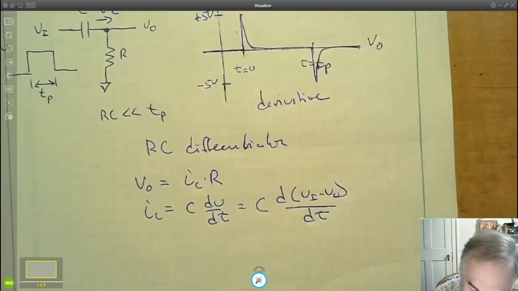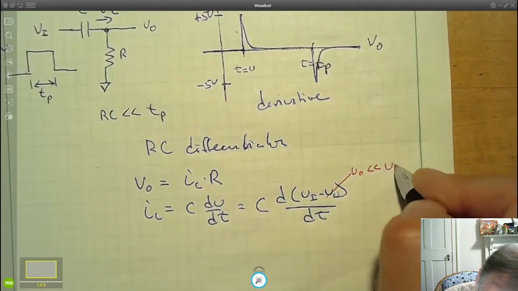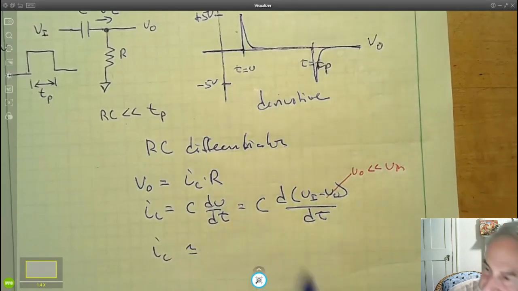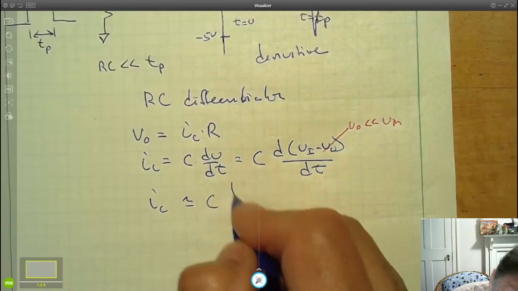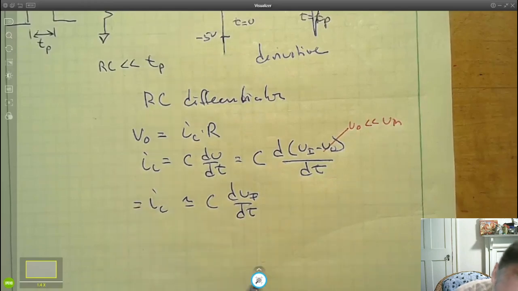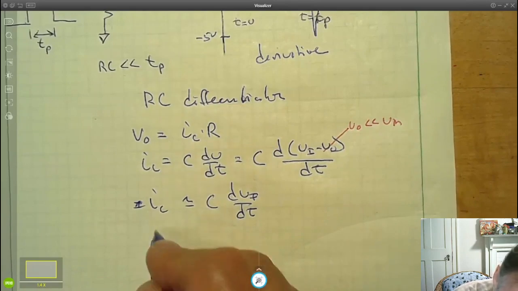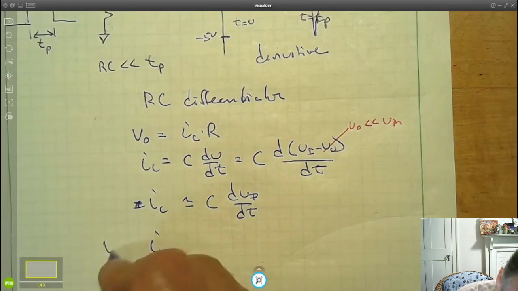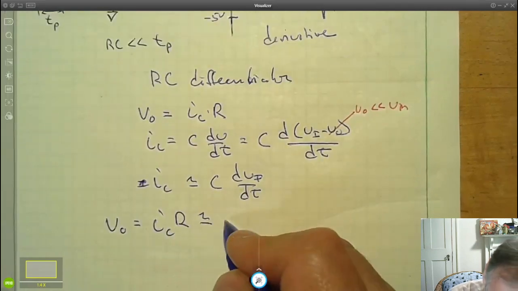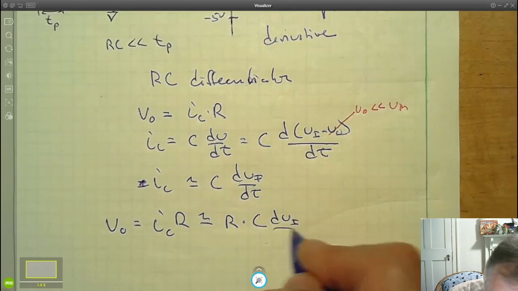If we keep V out small, I sub C is approximately equal to C dV in/dt, and then we know that V out is equal to I sub C R, which is going to be approximately equal to R times C dV in/dt.